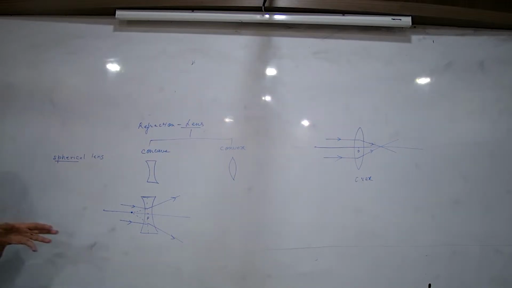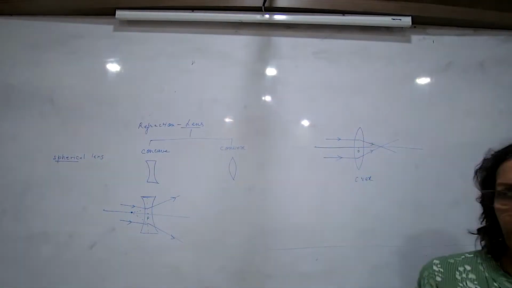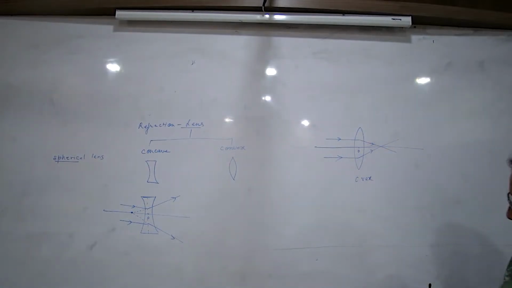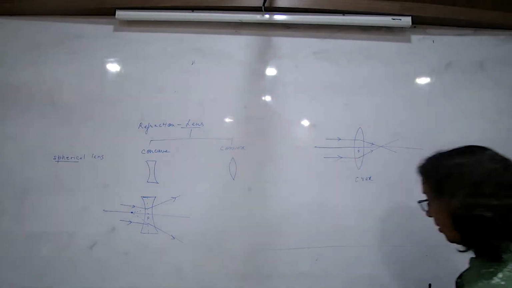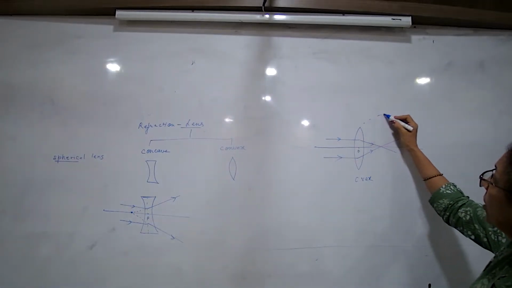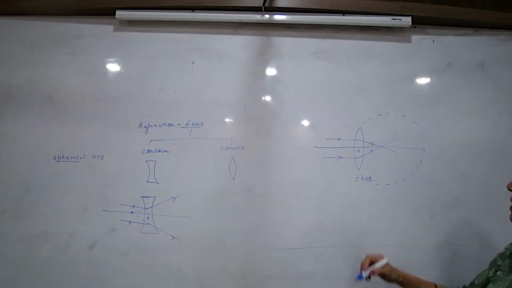Apart from this, of course, we need to also know something more about the terms that we are going to be using. So remember this. So what am I going to do with this lens? I'm just drawing a dotted line for us to understand that this is a part of the sphere. Did you notice it's a part of a sphere?